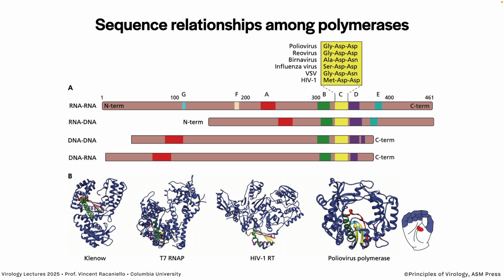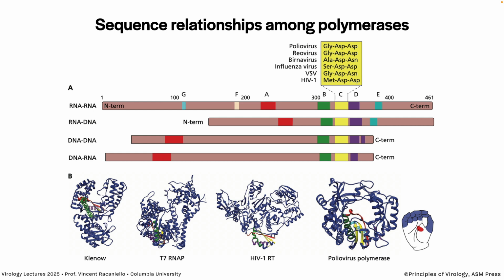So RT is one of the 4 nucleic acid polymerases that we've talked about. DNA-dependent DNA polymerase, DNA-dependent RNA polymerase. Here's the reverse transcriptase and poliovirus polymerase. They all look like a right hand with the active site in the palm of the right hand. For HIV-RT, the thumb and fingers do not touch. So it's an open active site, which is down here.